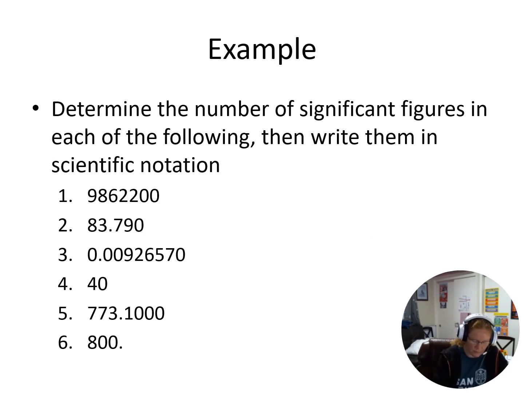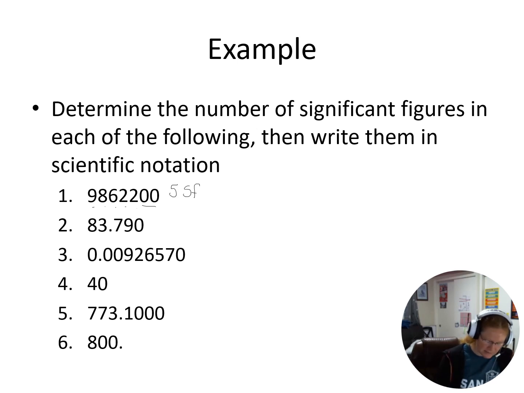So let's try this. All right, so we're going to take a look at a few numbers, and then we're going to determine significant figures and write them in scientific notation. Okay, so our first number here, I have these 2 trailing zeros and I have no decimal point at all. They're not significant. Now, they do count for the magnitude of the number. So when we do our significant figure determination, I would have 1, 2, 3, 4, 5 significant figures.